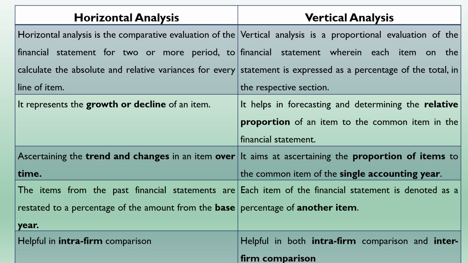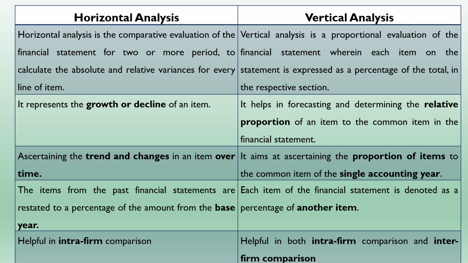In the horizontal analysis, it represents the growth or decline of an item. But vertical analysis helps in forecasting and determines the relative proportion of an item to the common item or the base item in the financial statement.